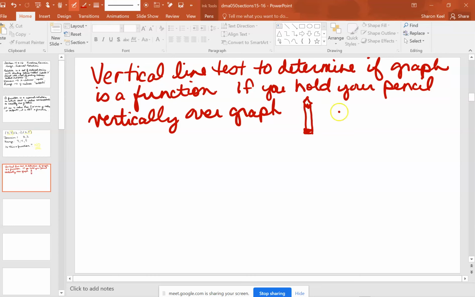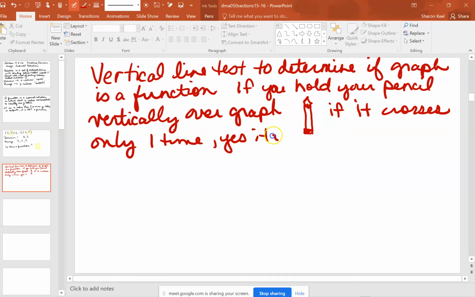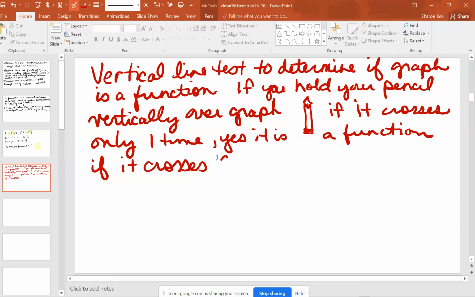You're gonna hold your pencil vertically. If it crosses only once, one time, then we'd say yes, it is a function. If it crosses two or more times, no, it is not a function.